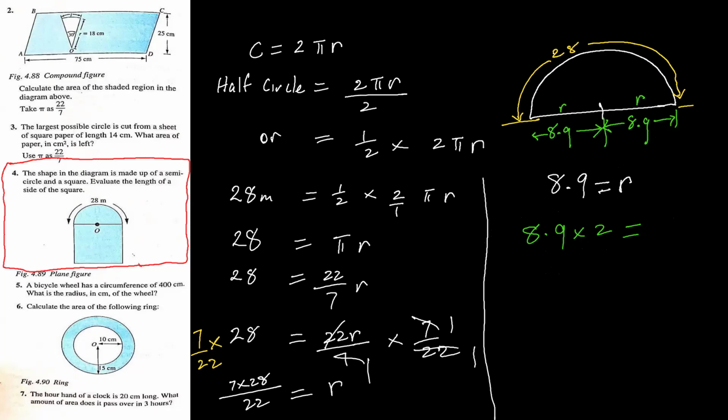So this side, this side, this side, and this side are all equal. So since we know this side is 8.9, multiplied by 8.9, which will give me how much again? 17.8.